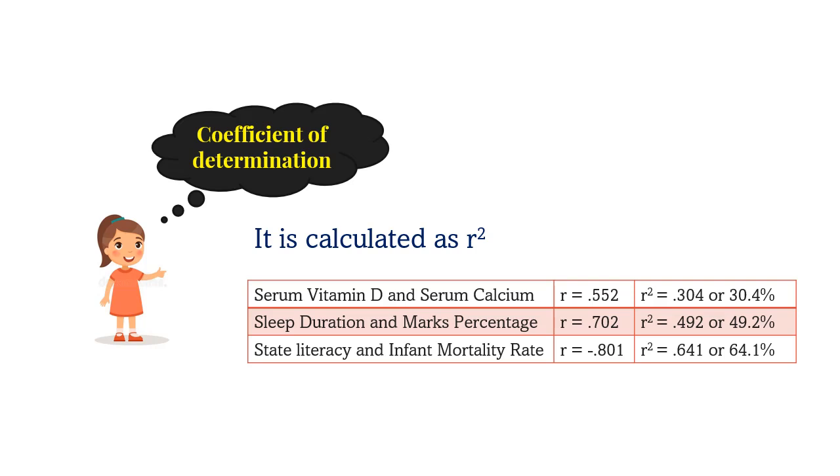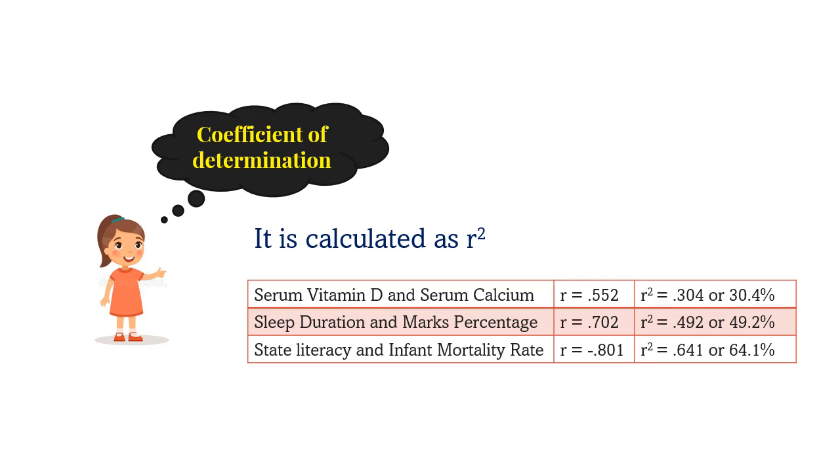It is calculated by R square, where R is the correlation coefficient. So you have to square these R values, and this R square will be 0.304, this R square will be 0.492, and this R square will be 0.641. To interpret, you have to multiply this by 100.